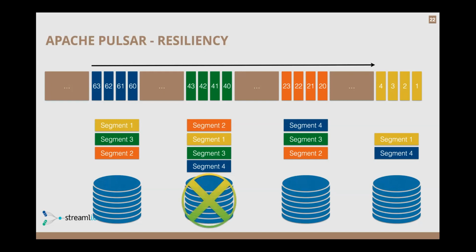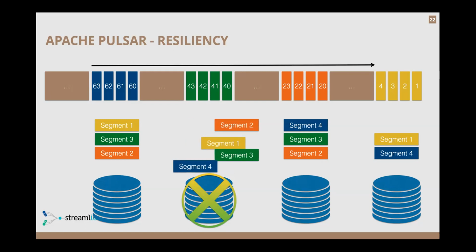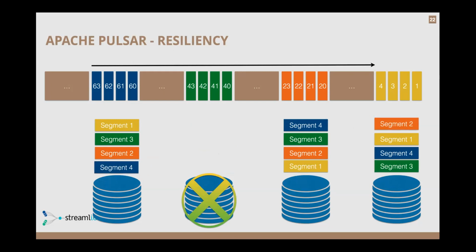For example, in this case, if this particular bookie just dies, you can see that segments 1, 2, 3, and 4 that it currently has stored still have two copies of every one of those segments out there across the bookies. They'll just immediately fail over to other systems, and they will continue to get replicated, and the brokers will continue to read the data off those bookies that have the active copies of those segments.